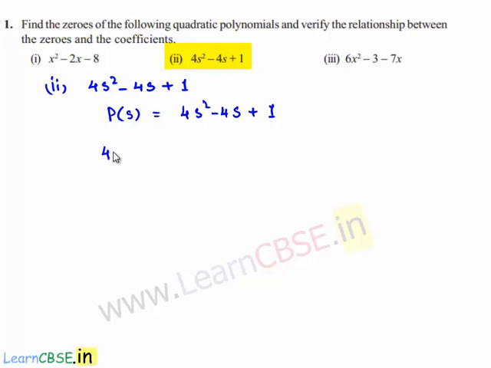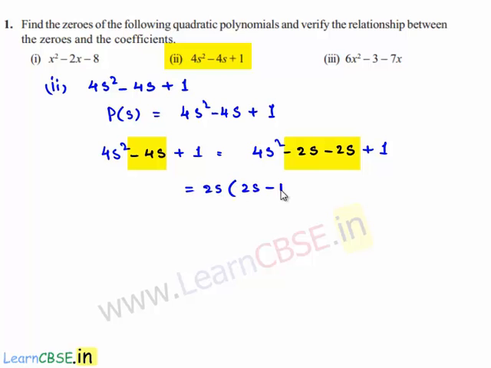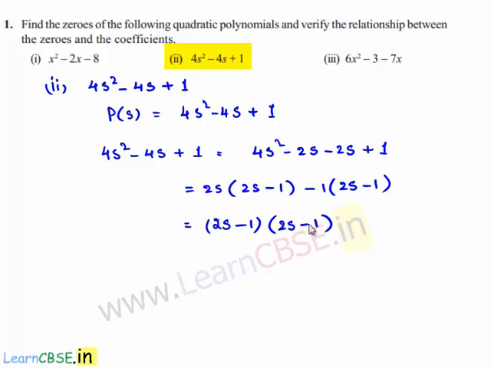So 4s² - 4s + 1 can be written as 4s² - 2s - 2s + 1. This is equal to 2s(2s - 1) - 1(2s - 1). So we can take (2s - 1) as common. We will be getting (2s - 1)(2s - 1).